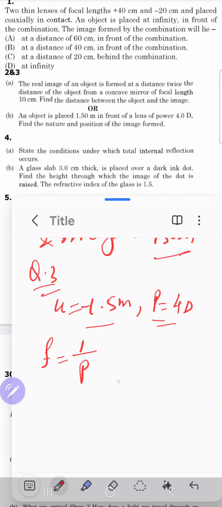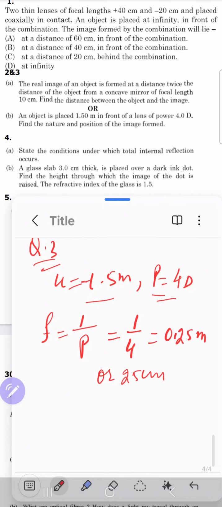Focal length is the reciprocal of power, so this would be 1 by 4 diopter. When the power is in diopter, we get the focal length in meters, so this would be 0.25 meter, or 25 centimeter. And u here is 1.5 meter, which becomes 150 centimeter.